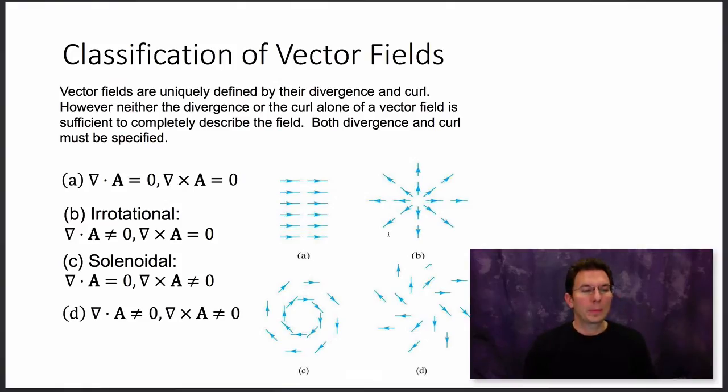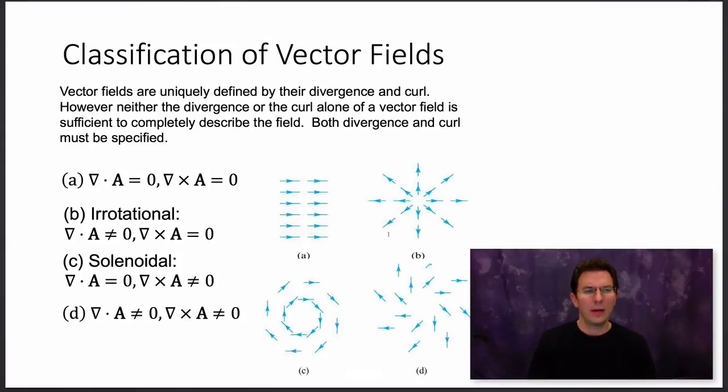Okay, well, as I alluded to before, there's some interesting physics underlying the fact that the divergence of the curl is zero. It turns out that we can actually use the curl and the divergence to classify different kinds of vector fields.